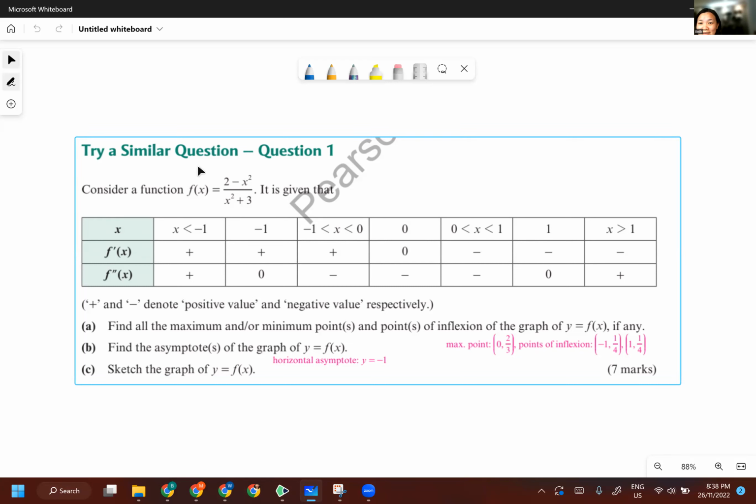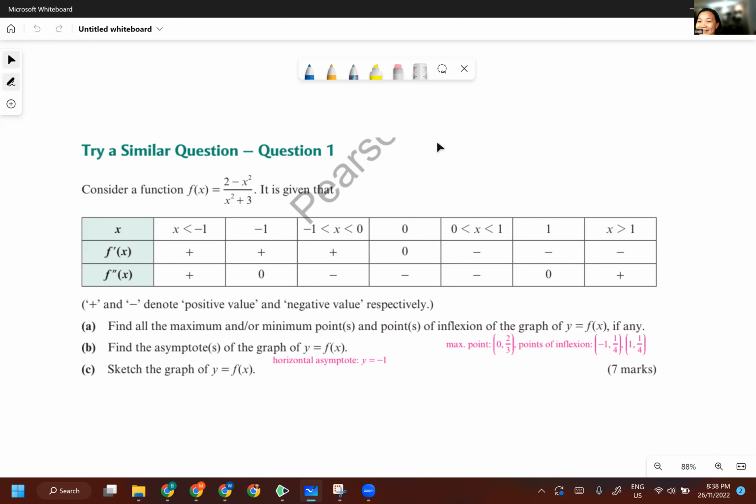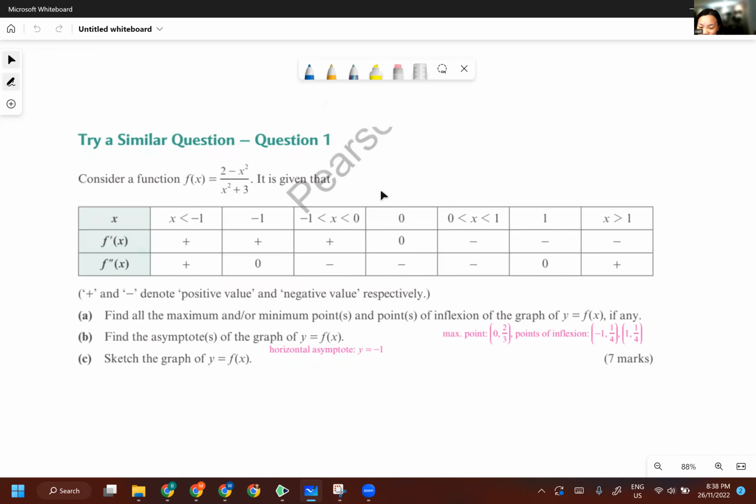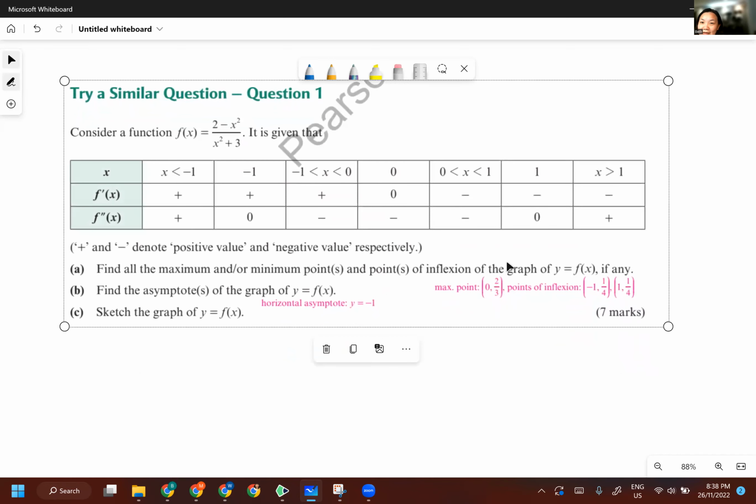Why don't you do this? And this time, because I want to see how well you do, you show me all that work. We used to have a Padlet link. You upload it to that. I will repost the Padlet again. Okay, do this.